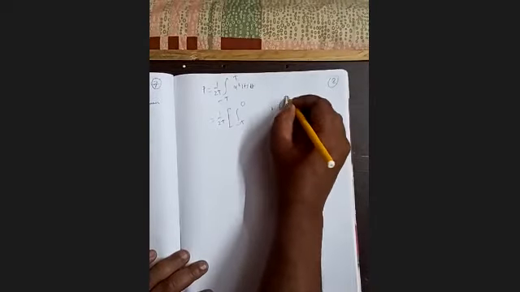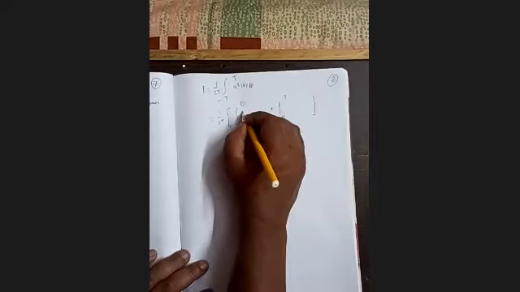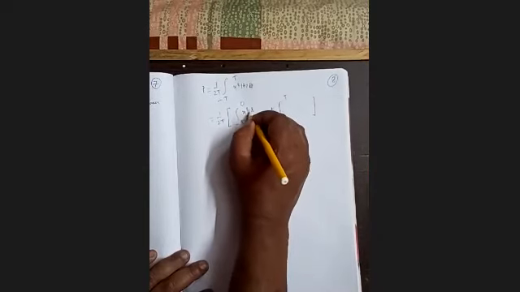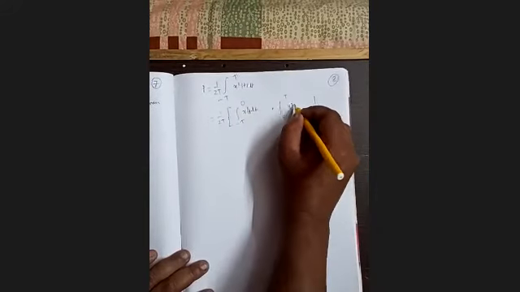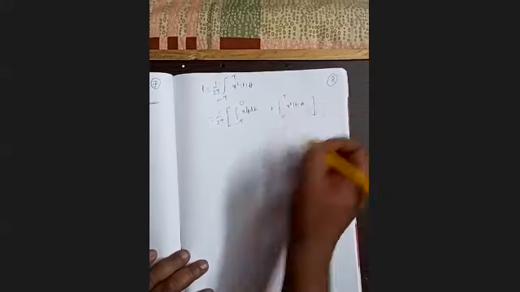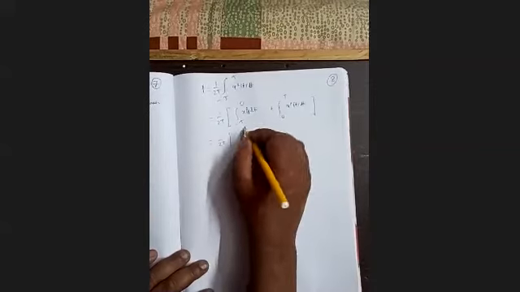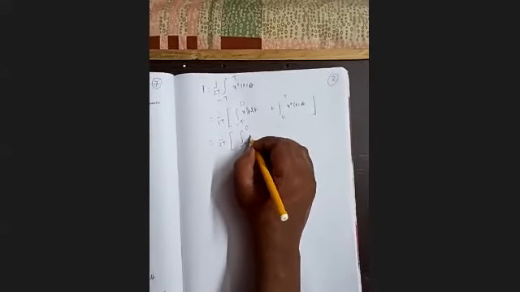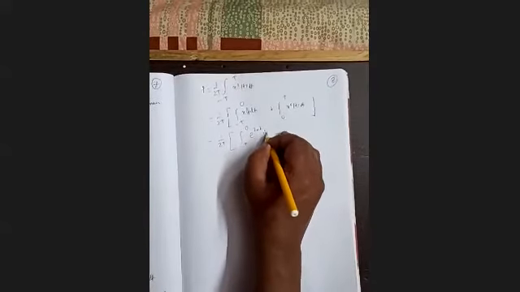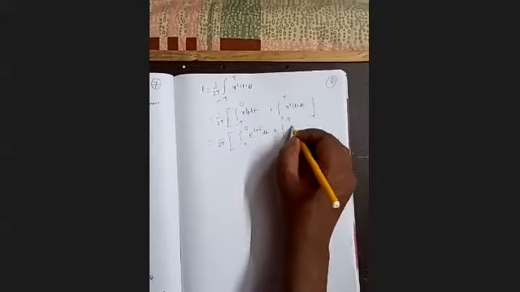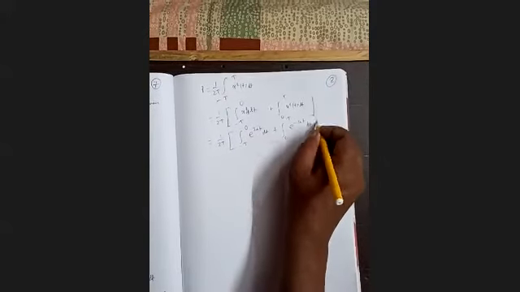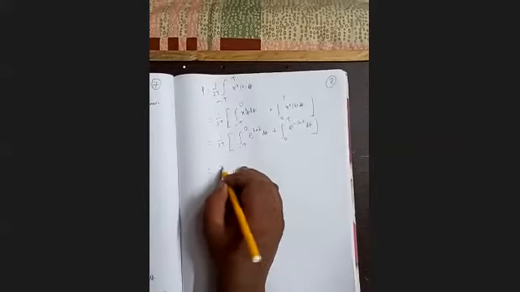plus 0 to capital T. So it will be x square t dt and here also x square t dt. Or from minus capital T to 0 it is e to the power 2at dt plus e to the power minus 2at dt.